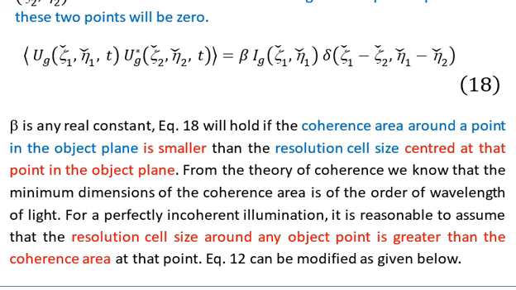So we are comparing the two: the coherence area around a point in the object plane is smaller than the resolution cell size centered at that object point. From the theory of coherence, we know that the minimum dimension of the coherence area is of the order of the wavelength of light. For a perfectly incoherent illumination, it is reasonable to assume that the resolution cell size around any object point is greater than the coherence area at that point.